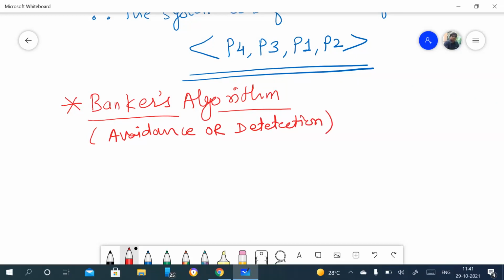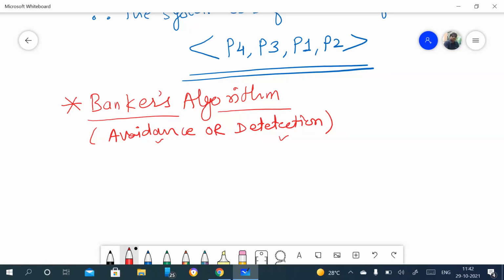Because with the information given for the processes, we can avoid the deadlock situation, and again we can detect whether the system is in deadlock or not. So this is used for avoidance and detection also, right? I'll explain this algorithm with an example so that you will understand it very well.